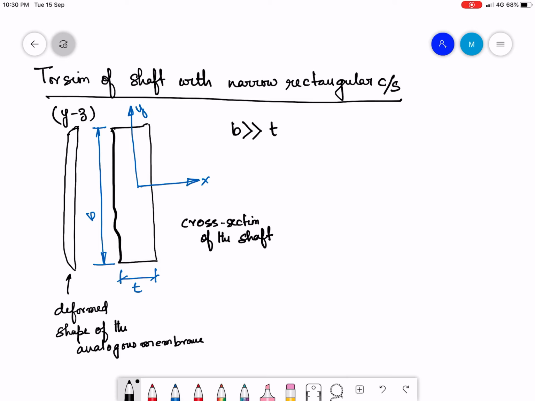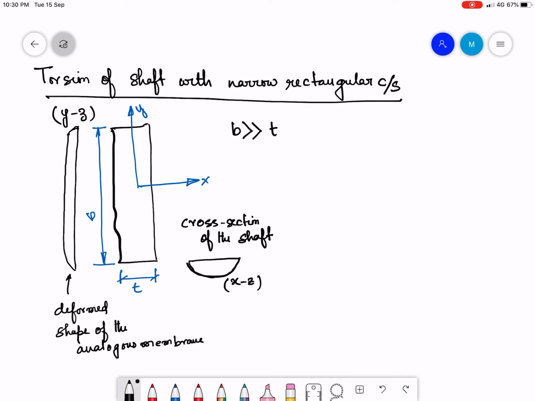Let me also draw the deformation in the XZ plane, so that you have a better visualization.